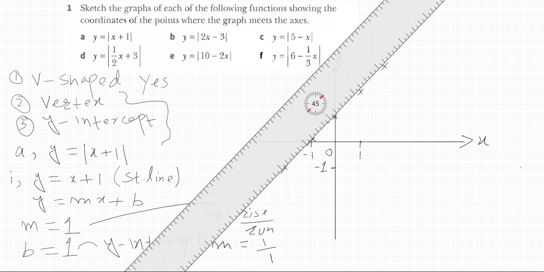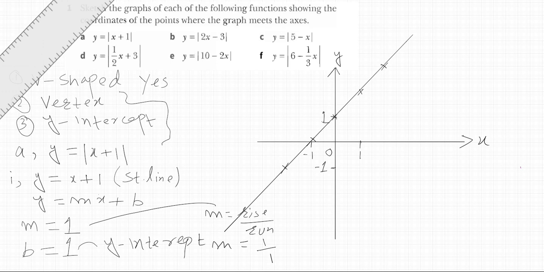Okay students, so I am joining all points, not necessary to join only 4 points, just draw a line. So this is our required straight line, the y-intercept is 1. Now see how much portion is below the x-axis. This is the portion which is below the x-axis.